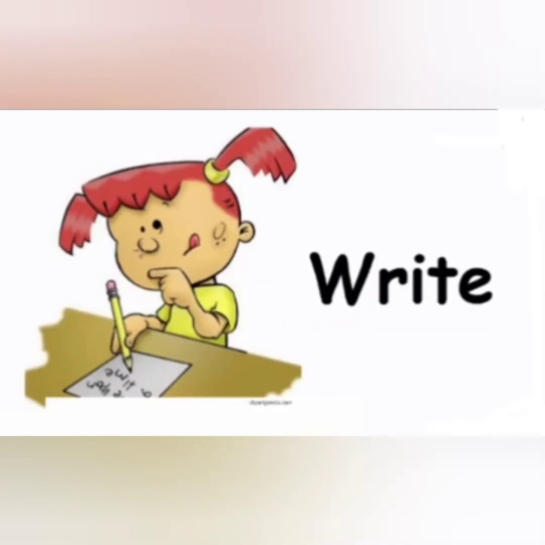Now what is the next action word? What is that girl doing? Yes, she is writing, isn't it? She is writing with a pencil, isn't it? Now let's read the spelling. Now look at the spelling, children. What is the spelling? Shall we read it together? The first letter is, come on.